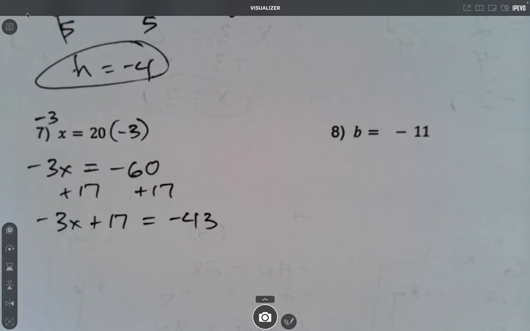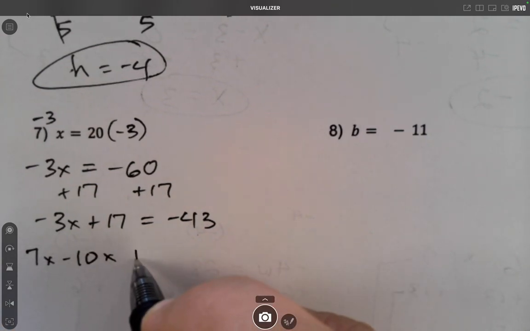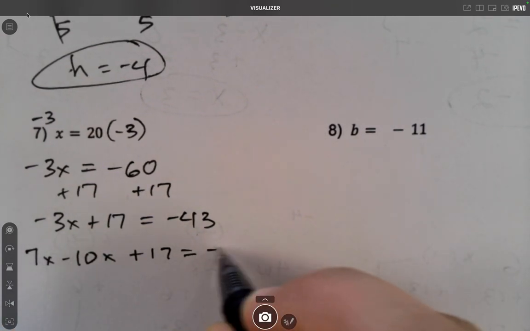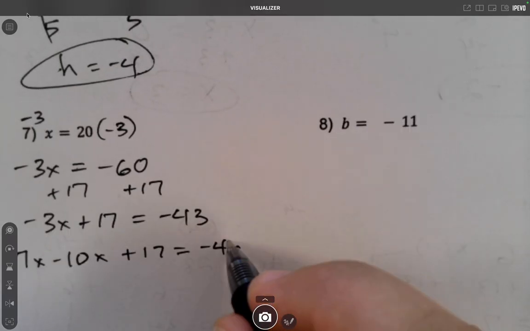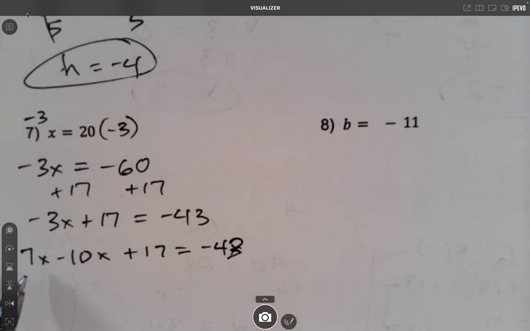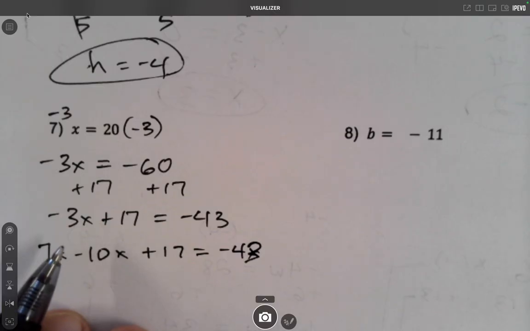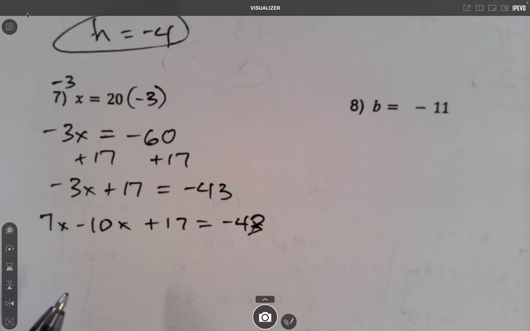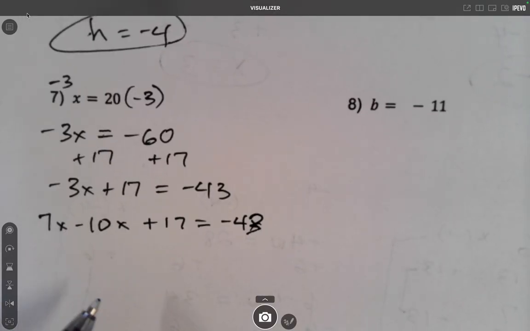Now I will repeat what I did last time and do what my x did to me and split things up. So a way I can rewrite negative 3x is 7x minus 10x. Because that is the same thing. 7 minus 10 is negative 3, so that will work fine. But I'm not going to stop there.